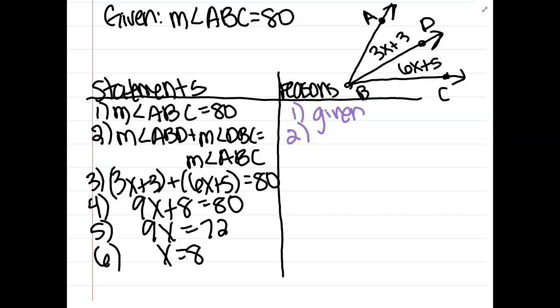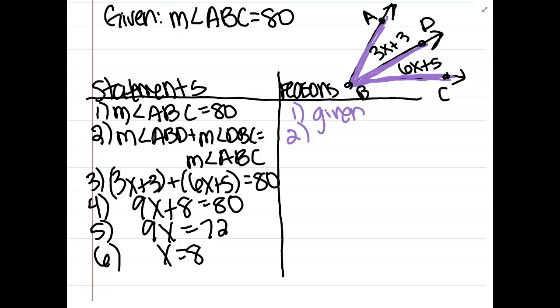So they're saying that the measure of angle ABD, so this angle, plus the measure of angle DBC equals the measure of angle ABC. They are saying that if I take this angle plus this angle, I get the big angle. That sounds familiar, right? From chapter 1.